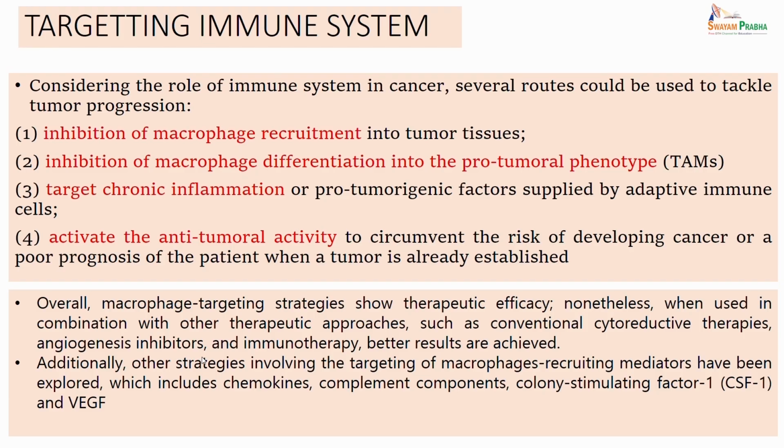So overall, it has to be used in combination for better results. Additionally, other strategies which involve targeting the macrophage recruiting mediators have been explored, for example, the chemokines, the complement components, the colony stimulating factor, VEGF. So these can also together be used.